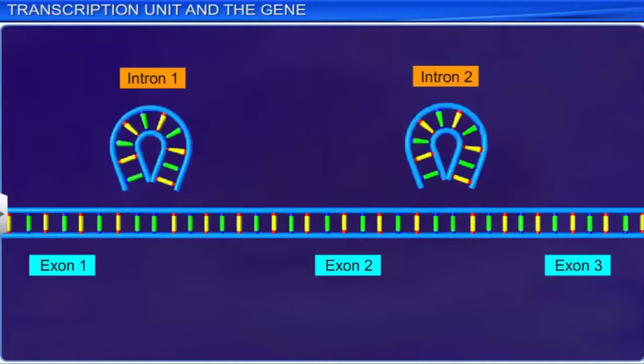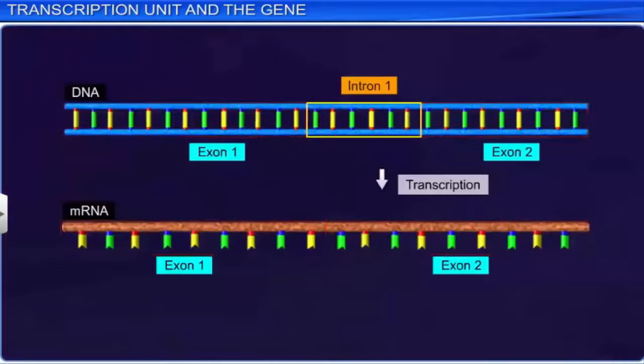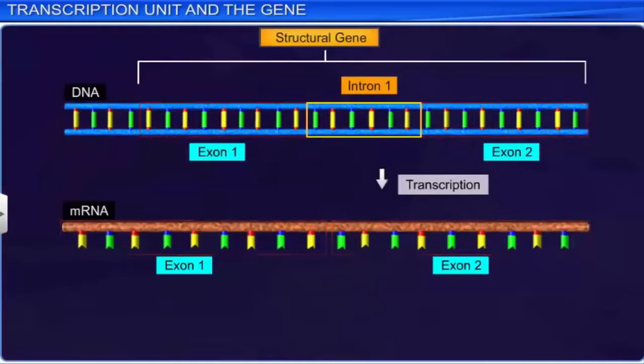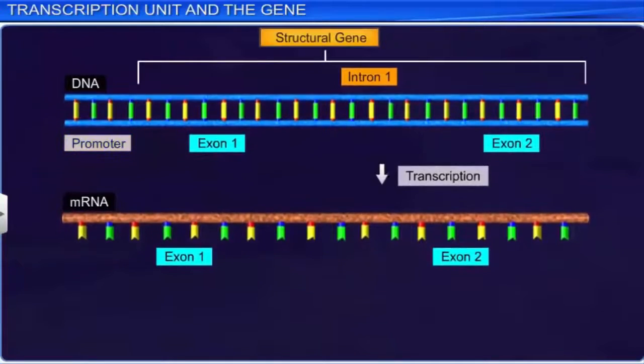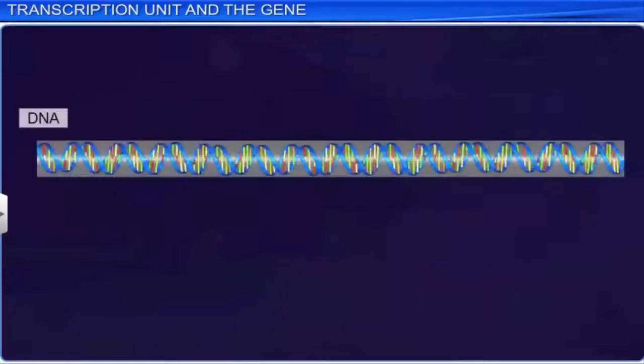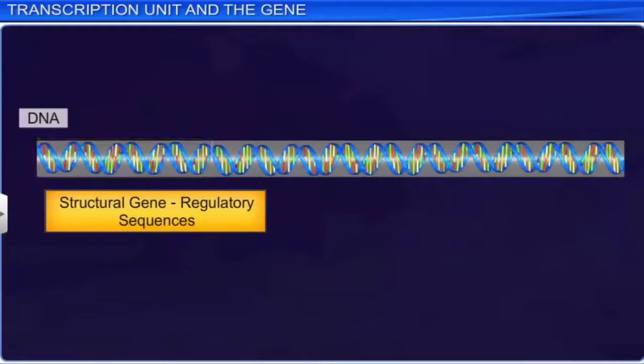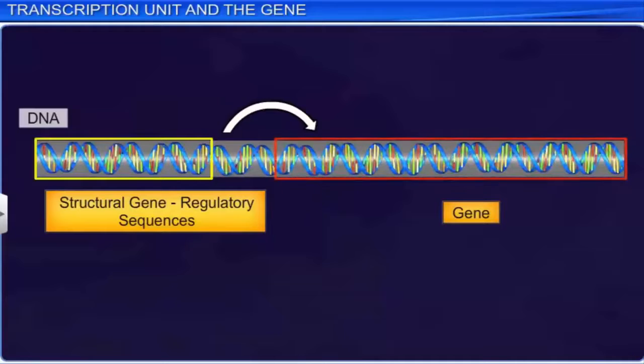It is the exons in the structural gene, along with the promoter, which determine the inheritance of a character. The structural gene also consists of regulatory sequences which regulate the functions of other genes but do not code for any RNA or protein. They are also known as regulatory genes.